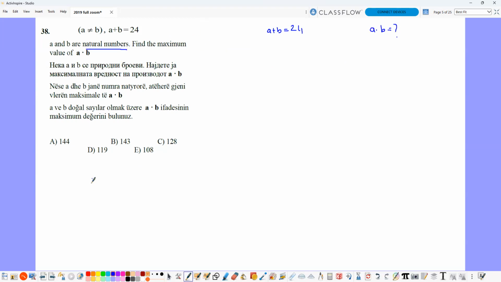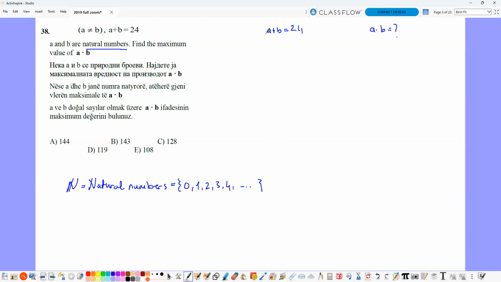When we say natural numbers, we show them with N: natural numbers 0, 1, 2, 3, 4, the counting numbers, and 0 is included. So I'm going to use all these counting numbers.